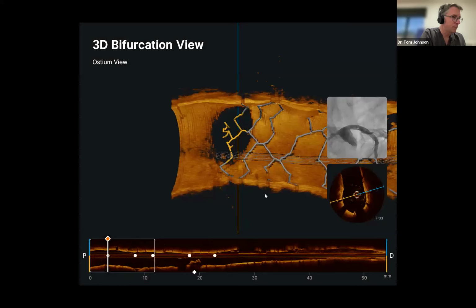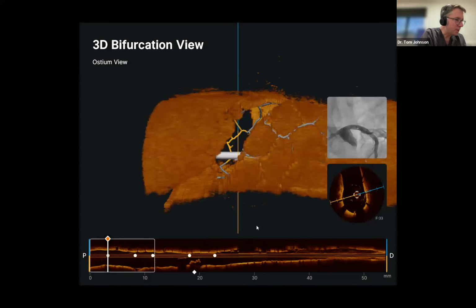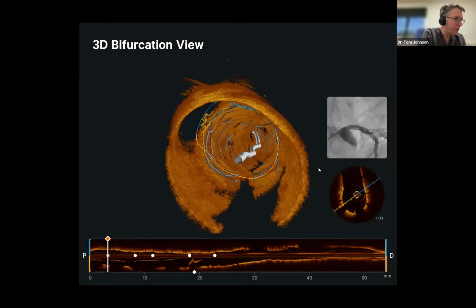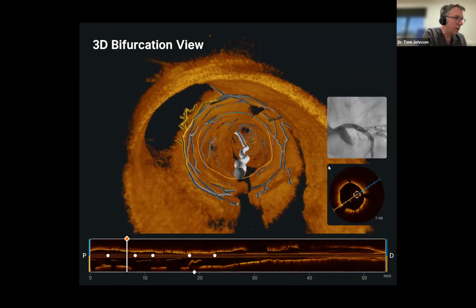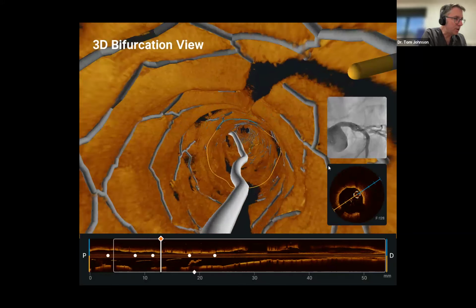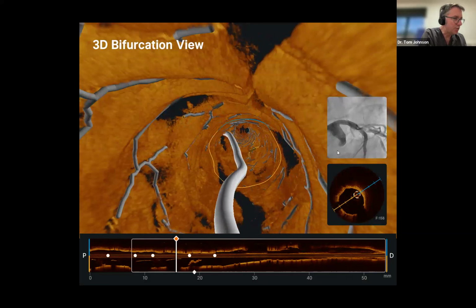Okay. Let me just show you the 3D is actually quite nice here. If I again close that off and fly through, you do get an appreciation again. So here nicely you can see, so this shows really beautifully how the stent struts, which all have been freshly deployed, so should all be evident on the luminal contour. You can see how these struts have become buried under the material. So you just see how all of that tissue is burying it.